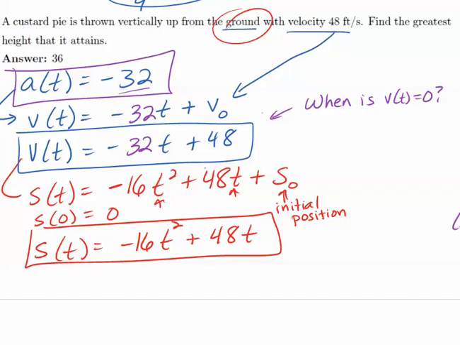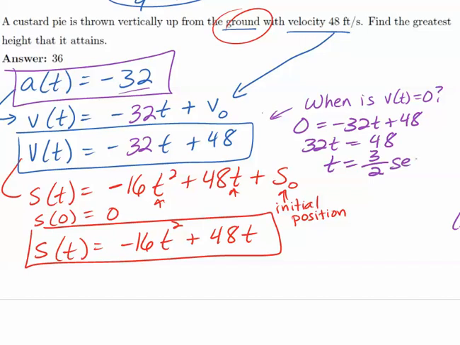So I want to set this equation. So it's going to change my answer a little bit. So 32t equals 48. 48 over 32, those are divisible by 16. So we get 3/2 seconds.